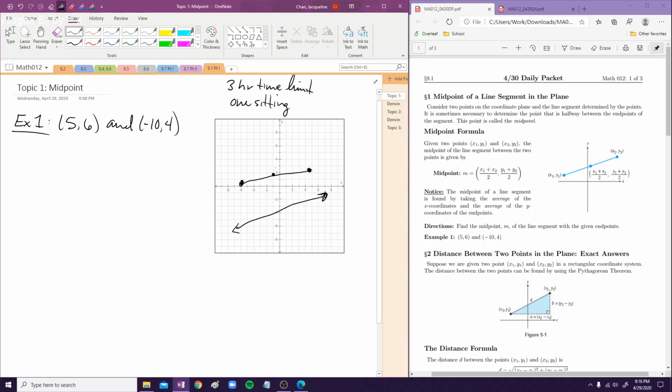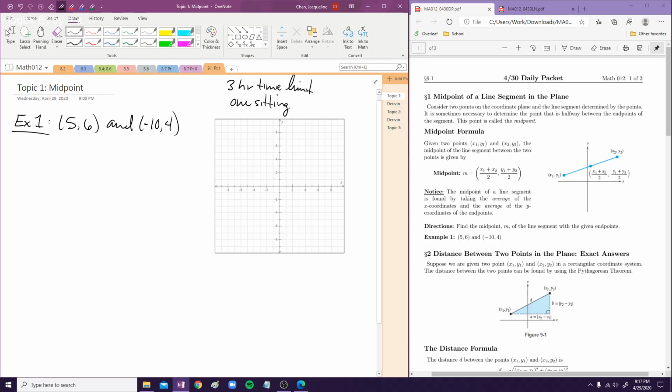That means if I took this line segment and folded it in half, these line segments would be equal, right? Even if we just measured both individual lines, they should be the same distance.